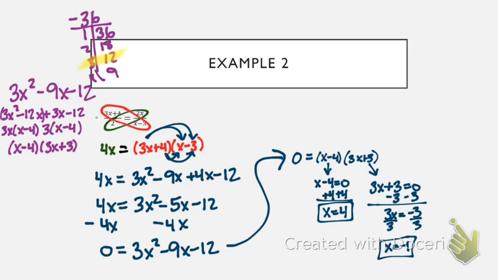We also need to be careful for restricted domain values. Remember, we can never have 0 in the denominator. So if we had solved this out and got 3, and we look back in the original equation, 3 would be a big problem because 3 minus 3 would give me 0 in the denominator of a fraction.